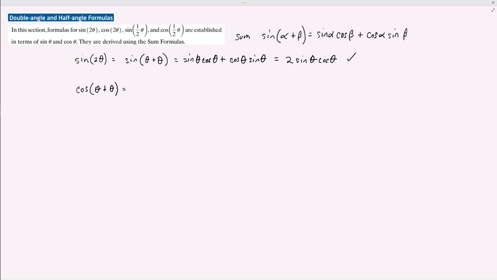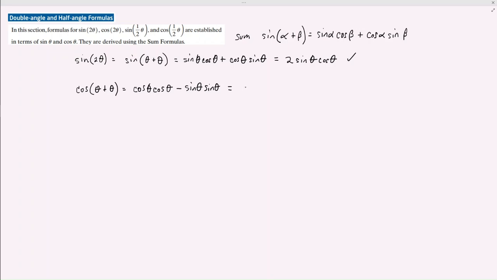Since both alpha and beta are theta, we can write that as cosine theta cosine theta. And remember, in the sum for the cosine, we actually subtract there, and then it's sine theta sine theta. So we can see that we're squaring a cosine, and then we subtract and we're squaring a sine.